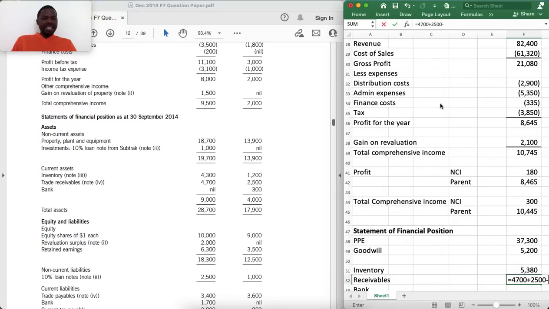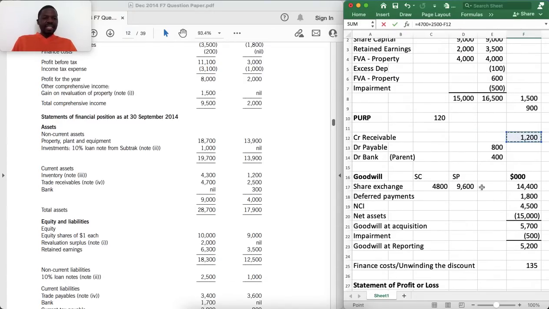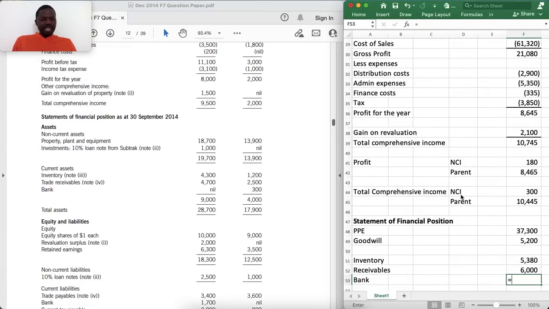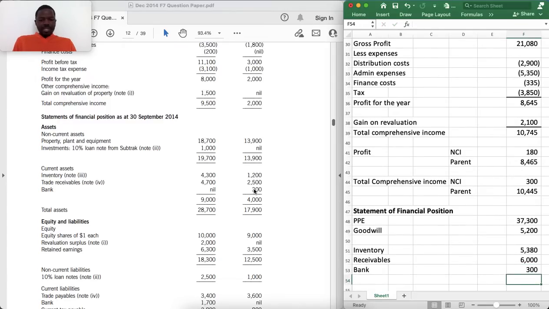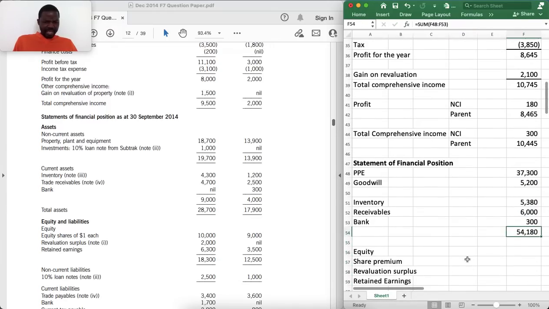We need to less what we generalized here, the intercompany receivables. We get that value. Then for the bank, only for the subsidiary 300. Then when we sum up, we should get the total assets, like that.